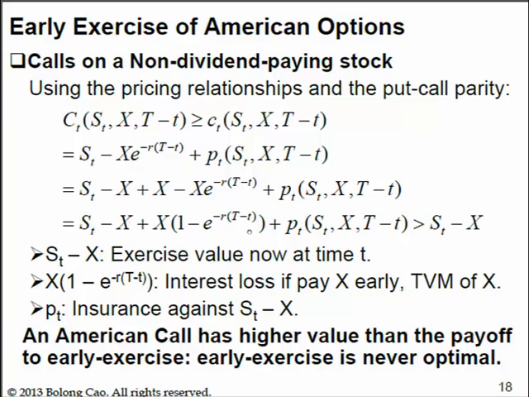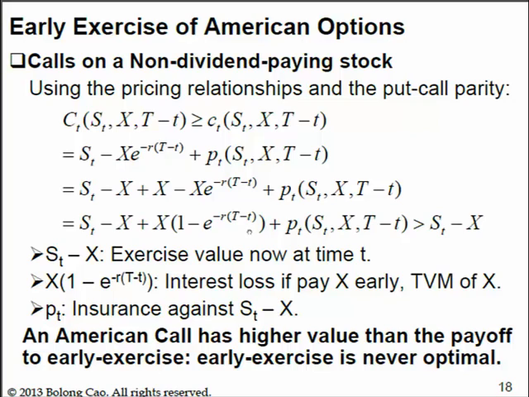So what we are saying here, the call is at least worth the excess value plus the time value of money of the strike price plus an insurance on the downside. Okay? If that is the situation, your call certainly has a higher value than the excess value, which is the spot price minus the strike, because you have time value of money on the strike, you have an insurance inside the call.